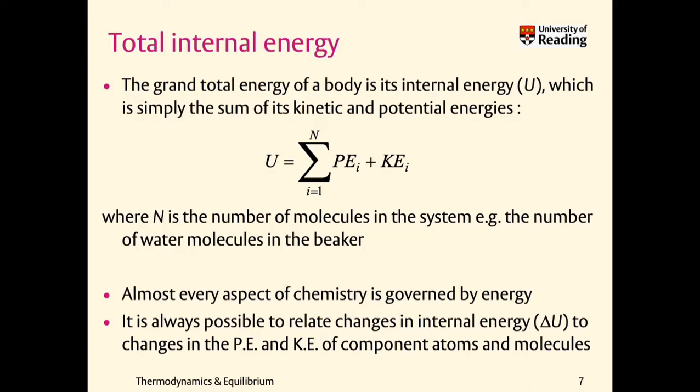Now you'll note there that where I said changes in internal energy, you will see the term delta, which looks like a triangle, U. Where you see that triangle, it means delta, so it means change in. And we will see it a number of times in different equations within these thermodynamics lectures. So the triangle is delta, capital delta, and delta U means changes in internal energy.